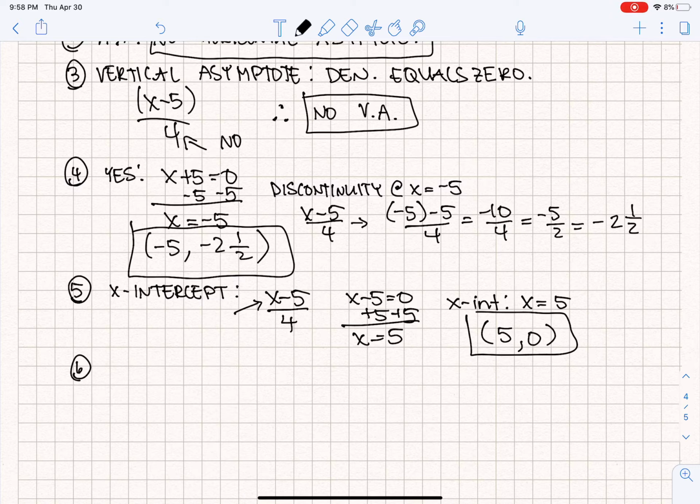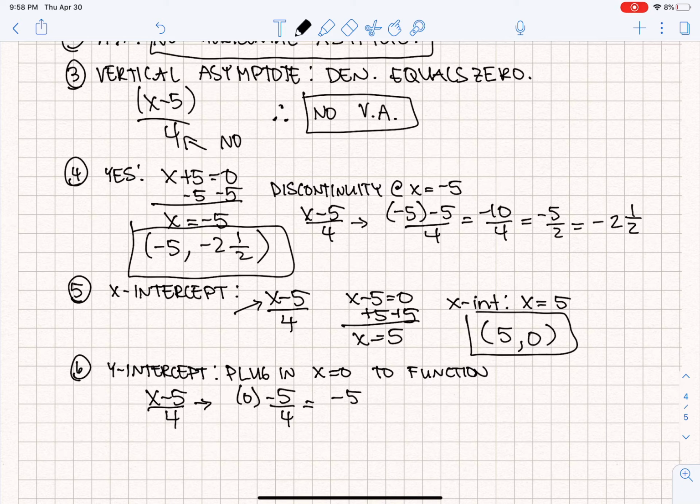Number 6. Okay, to get our y-intercept, plug in x equals 0 to the function. Our simplified function is what I'm using, x minus 5 over 4, and I'm going to plug in x equals 0.